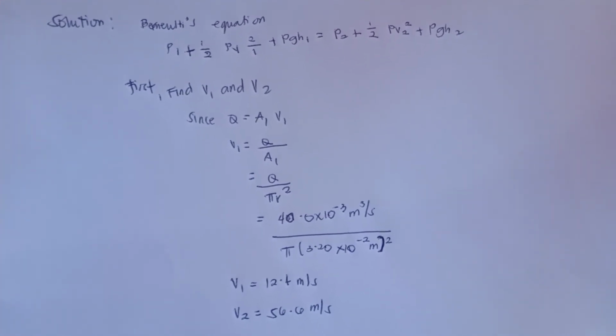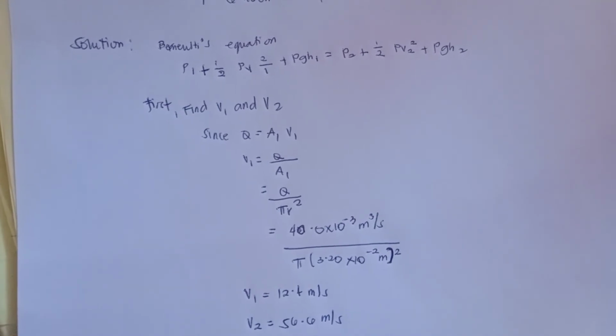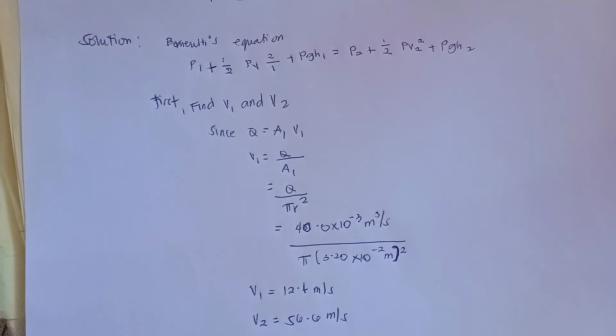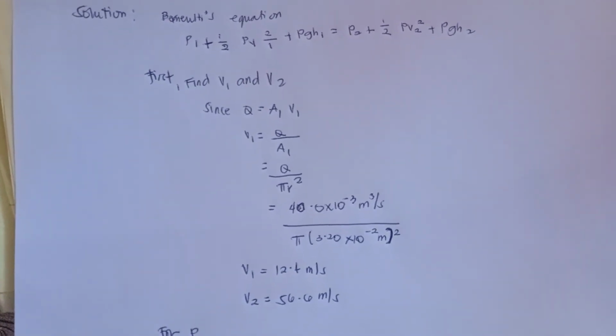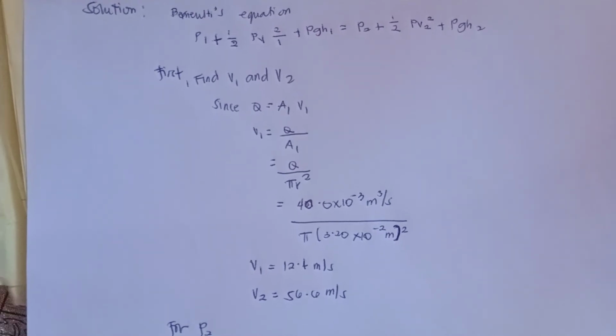Since Q equals A1 V1, V1 equals Q over A1, which equals Q over pi r squared.